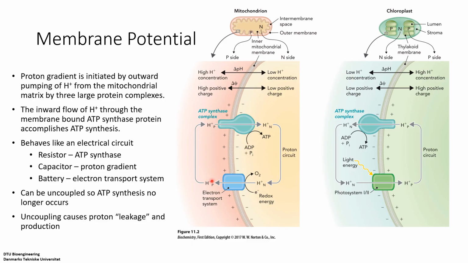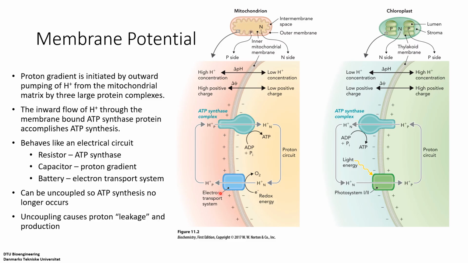And as you can see on this slide, we basically have a proton pump out of the mitochondrial inner membrane, and this creates a proton gradient.